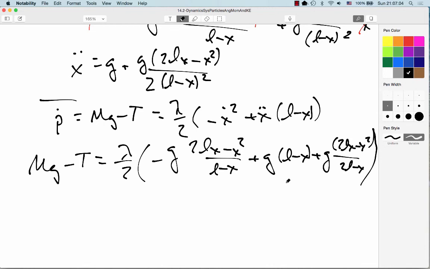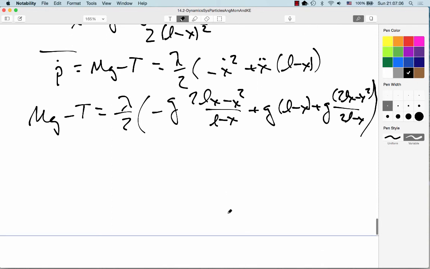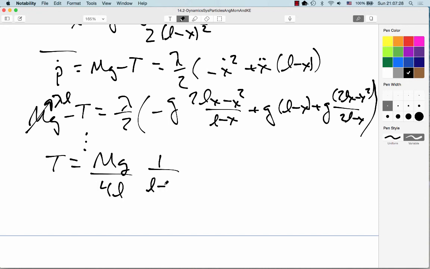And basically now you're just going to have an enormous amount of algebra. The one thing you'll want to do is call this lambda L. It does make life easier. And after you do about a page of algebra, you get T is equal to mg over 4L times 1 over L minus x times 2L squared plus 2LX minus 3x squared.